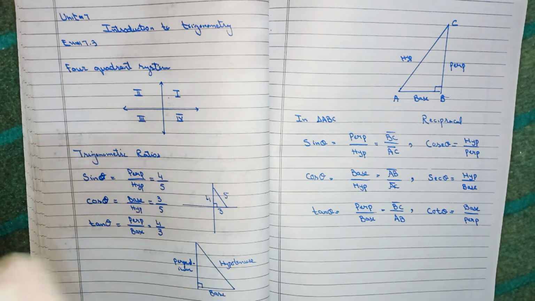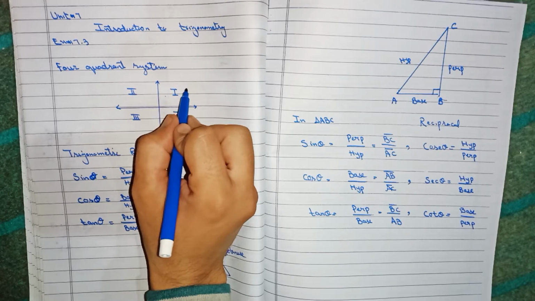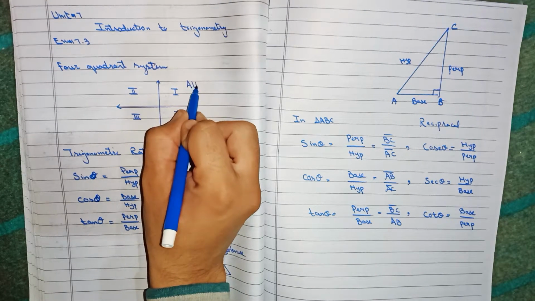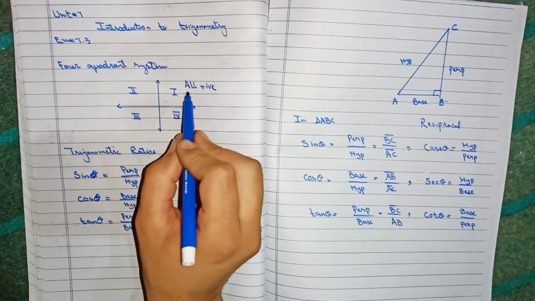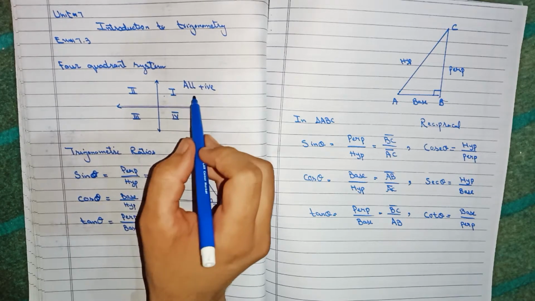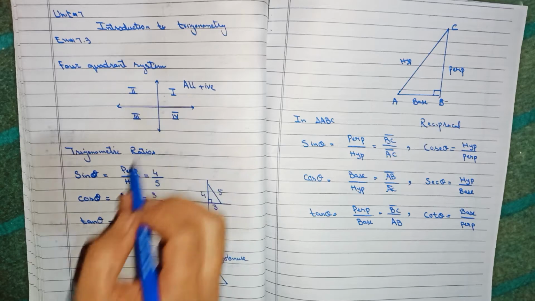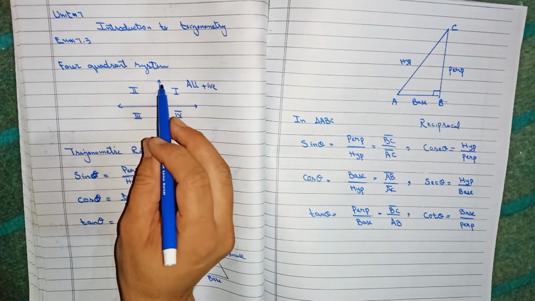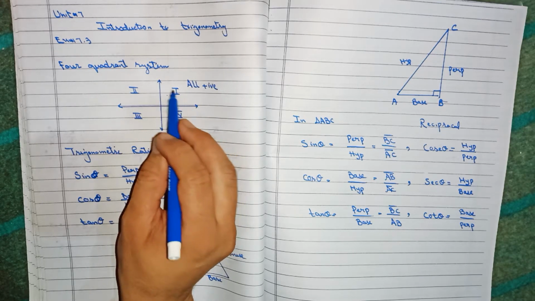In the quadrant system, the first quadrant contains all trigonometric ratios positive. It means sine, cos, tangent, cotangent, secant, cosecant all have positive values when the angle is 0, 10, 20, 30, 40, 60, 70, 80 or even 90. Till 90 it means the trigonometric ratios lie in the first quadrant.